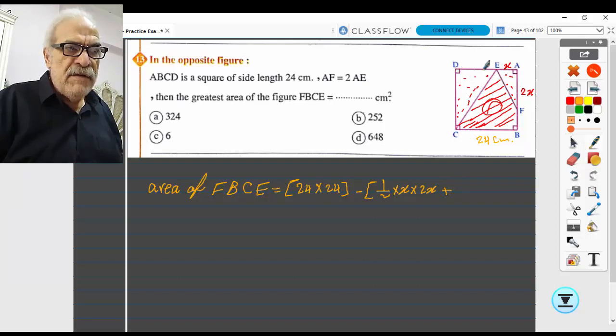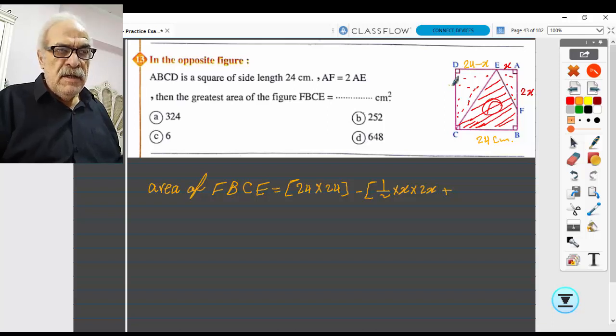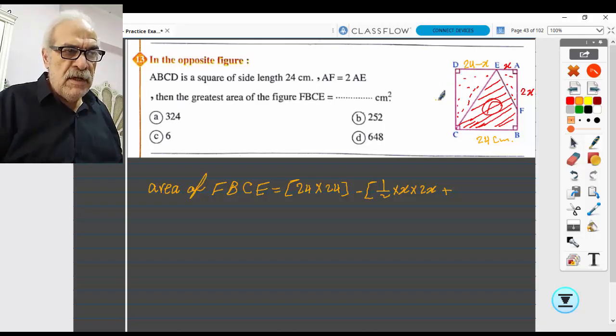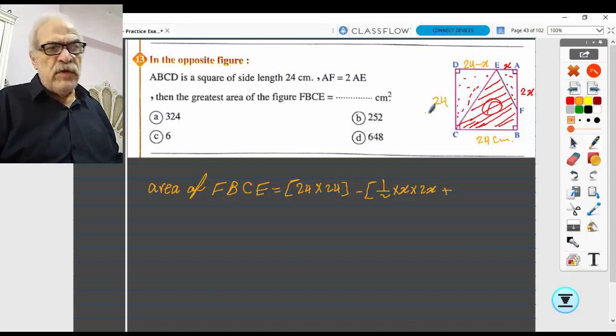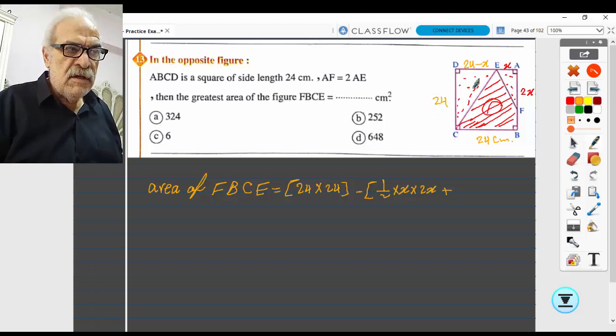Here we have DA equals 24, so DE equals 24 minus x, and DC also equals 24, the side length of the square, 24 centimeters. So what is the area of this triangle EDC?